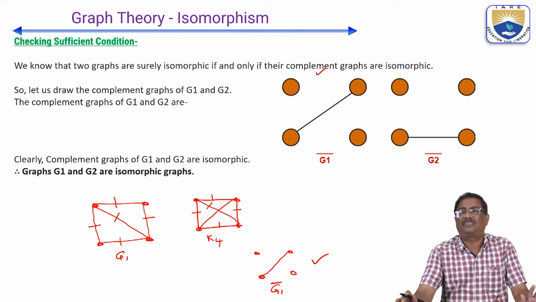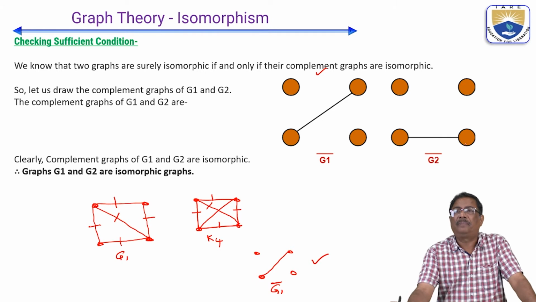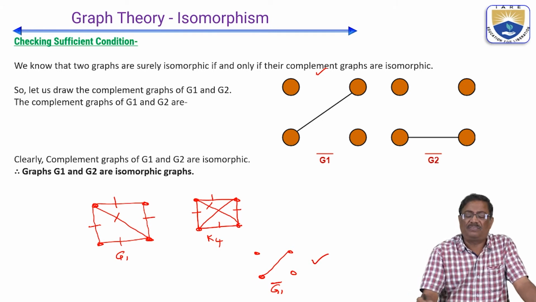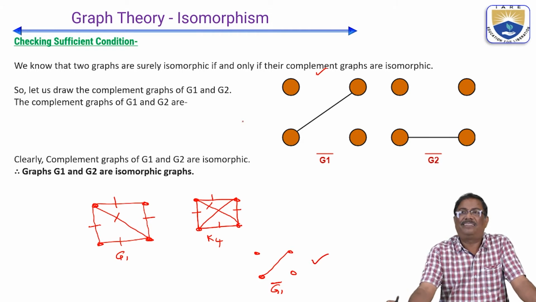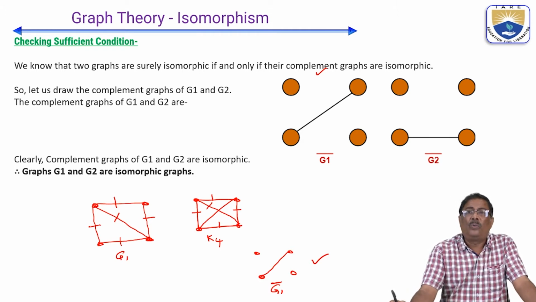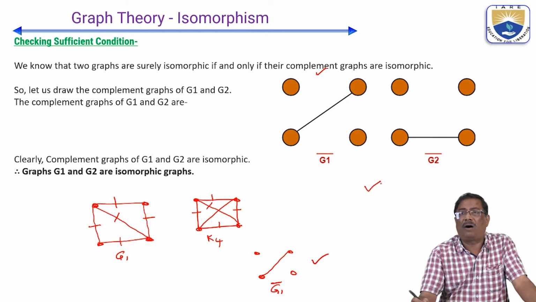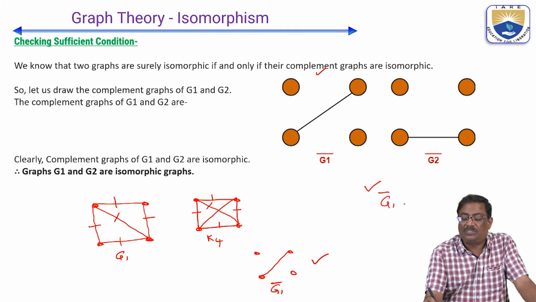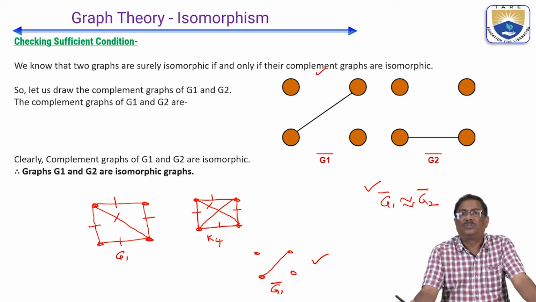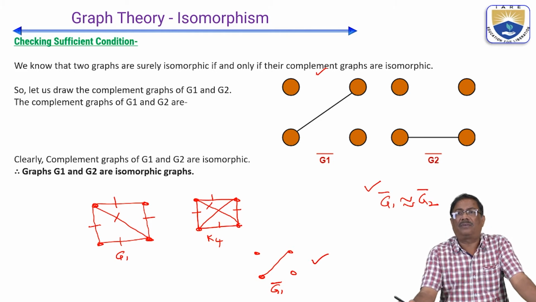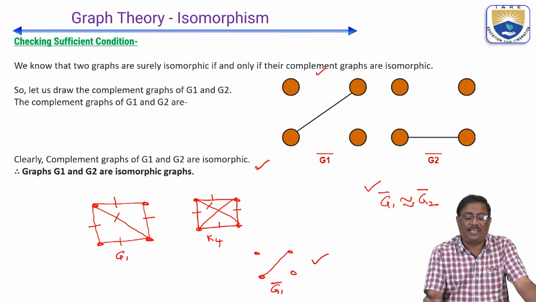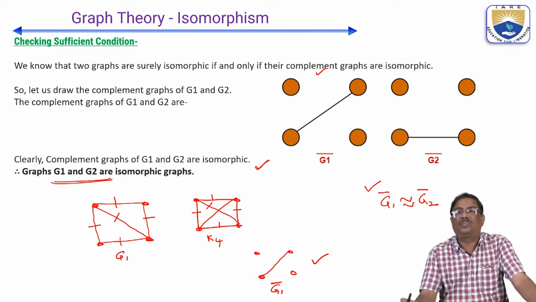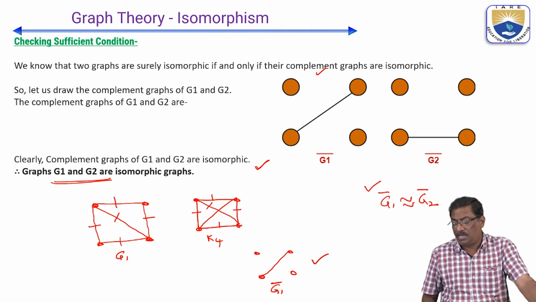The number of vertices is the same and the number of edges is the same. The degree sequence is 1, 1 and the remaining are zeros, and there is no cycle formation. So we can say that G1 bar is isomorphic to G2 bar. That means the complement of G1 and the complement of G2 are isomorphic graphs. So we can say that G1 and G2 are isomorphic.